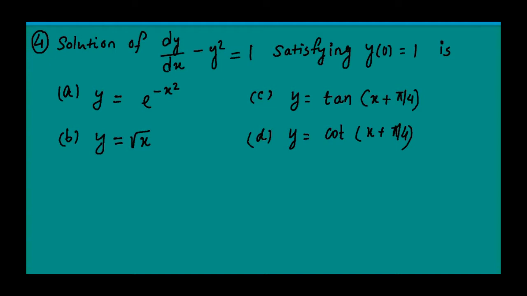I will solve it. This is the variable separable method, which is very easy, and we have already studied this type of problem in our 12th class. If I want to solve this one, dy by dx is equal to 1 plus y square.